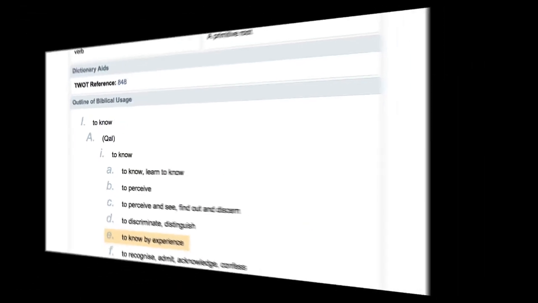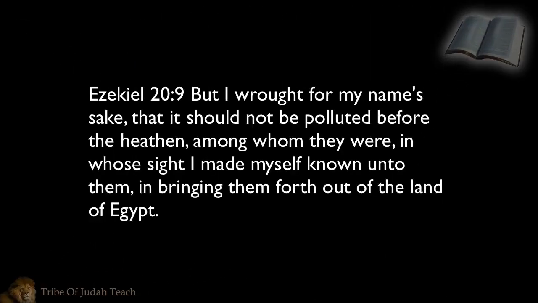Watch this. Ezekiel 20 and verse 9. It says, "But I wrought for my name's sake that it should not be polluted before the heathen among whom they were." So the Most High said, I wrought, or I did the work that I did for my name's sake, so that my name would not be polluted. Watch this. "In whose sight I made myself known unto them."